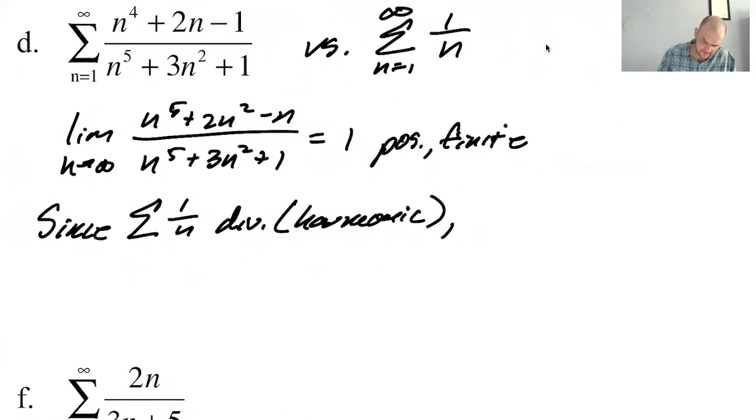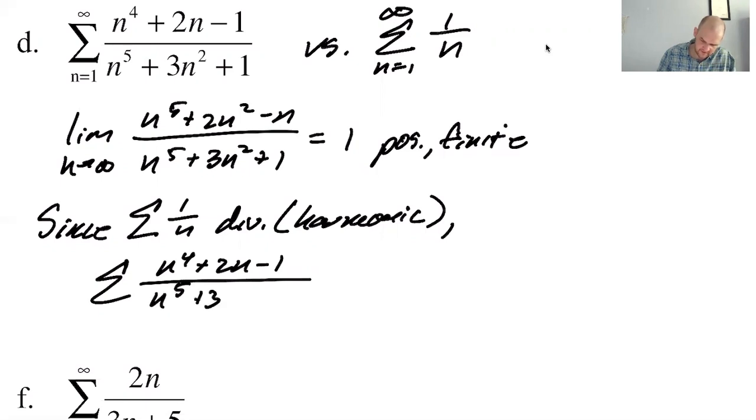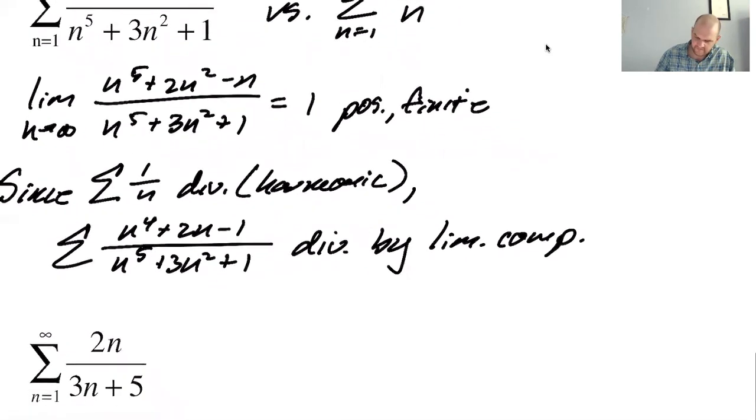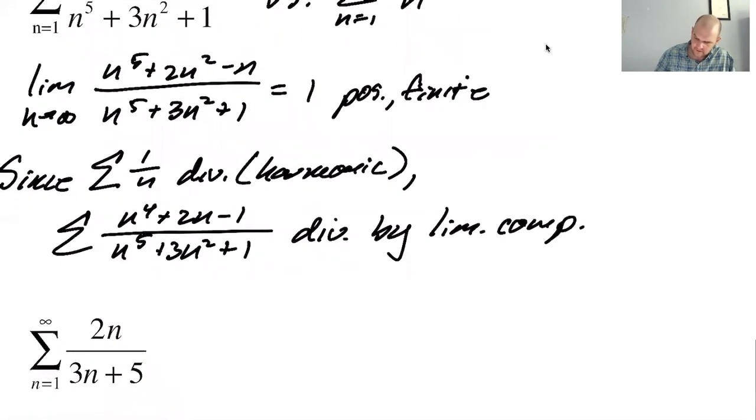We know that n to the 4th plus 2n minus 1 over n to the 5th plus 3n squared plus 1 diverges by limit comparison. I'll use limit comparison all day if it applies, which it usually does.